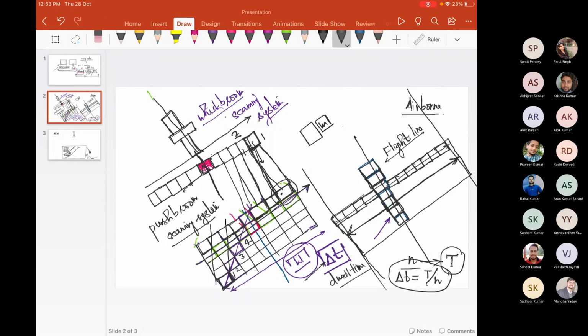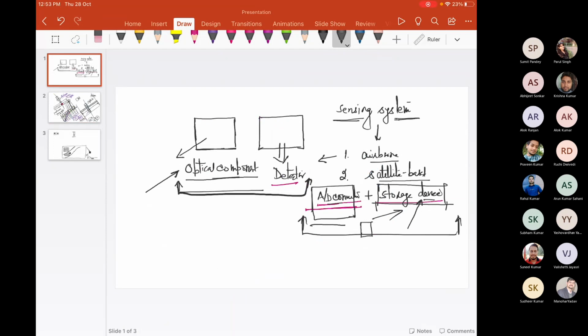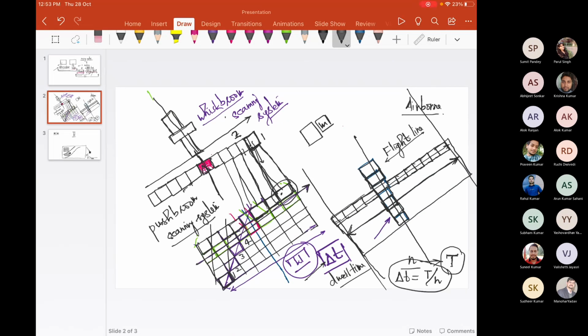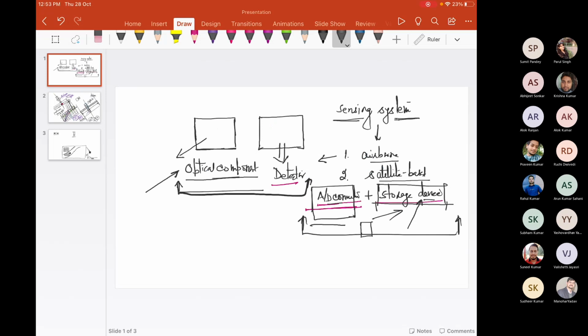So with reference to these block diagrams, we have two types of scanning system. The type of scanning system is determined on the basis of these sections.